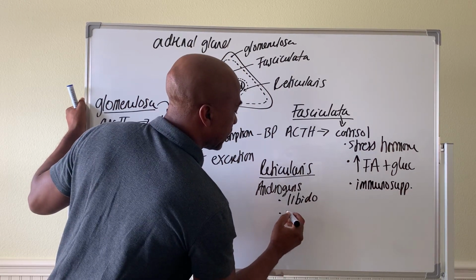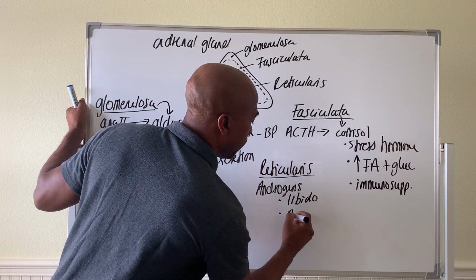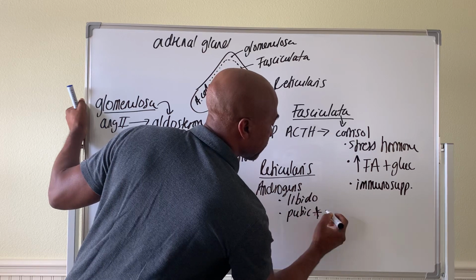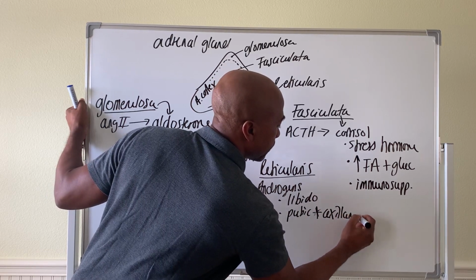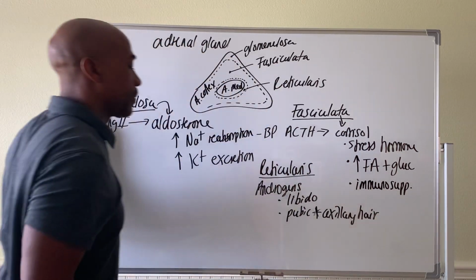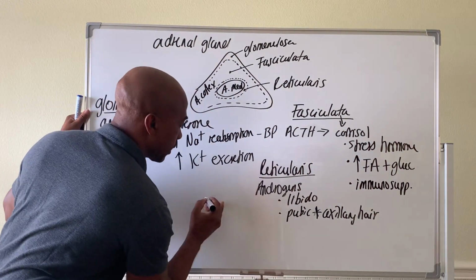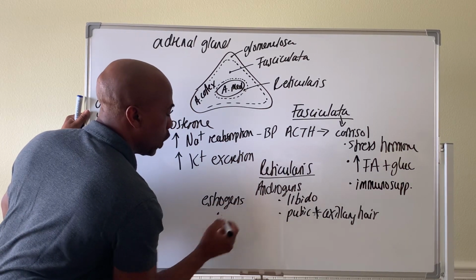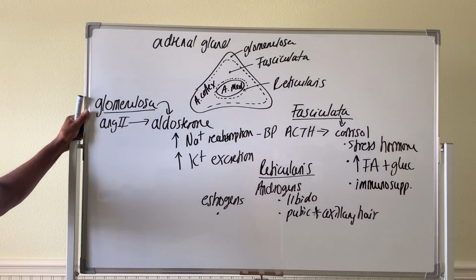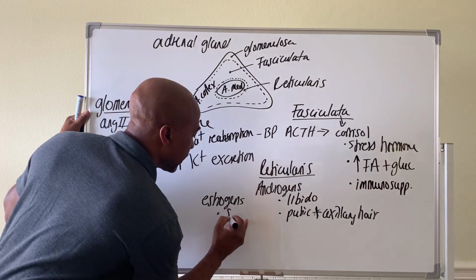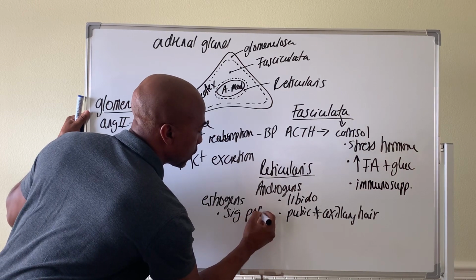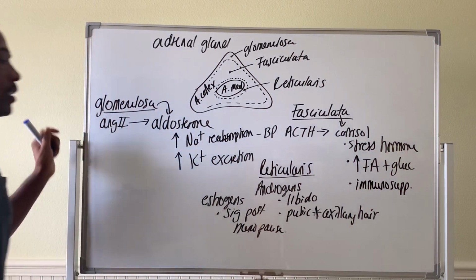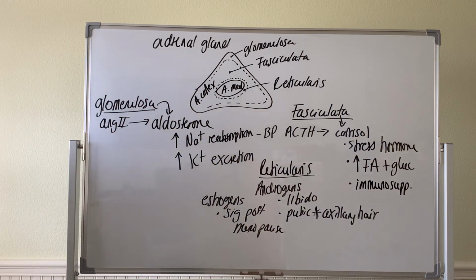It also influences the growth of pubic and axillary hair. This zone also makes some estrogens as well, and the estrogens it makes will be critical, especially in females after menopause. So, estrogen made by your zona reticularis.